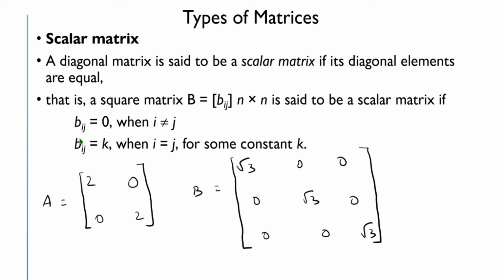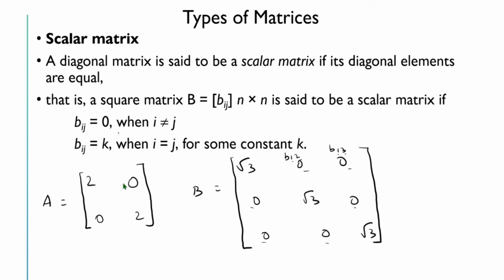That is Bij equal to 0 when i not equal to j. Here this is the first row and the second column, that is this is B12, this is B13. Here 1 not equal to 2, here 1 not equal to 3, all these are 0. And similarly, it is the case for all the other elements also.